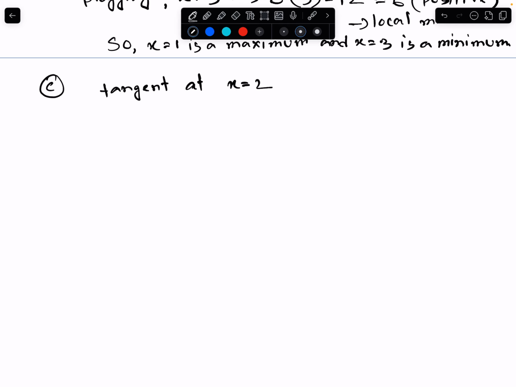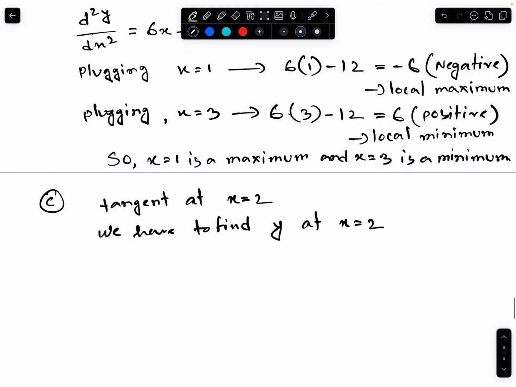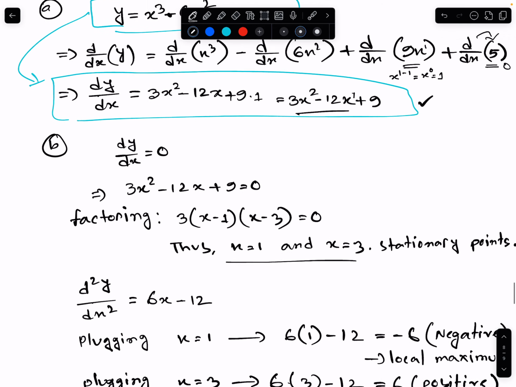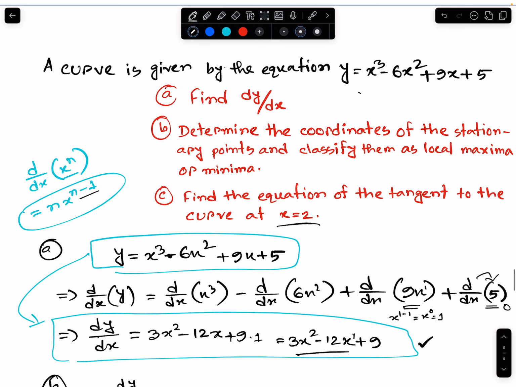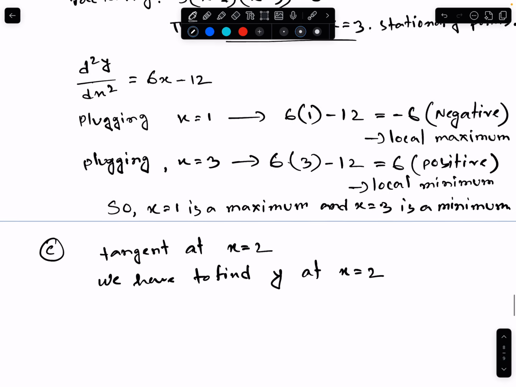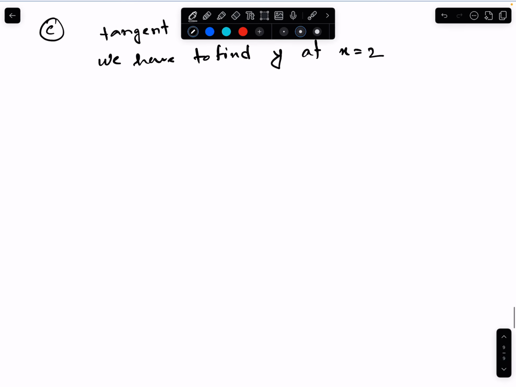First, we have to find y at x equal to 2. If we plug x equal to 2 into our main curve, we will find the value of y.